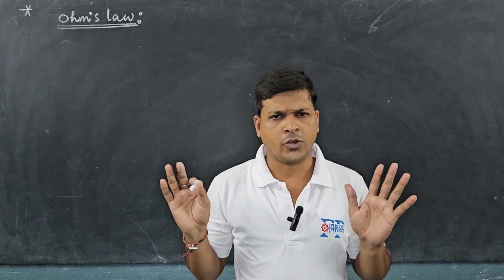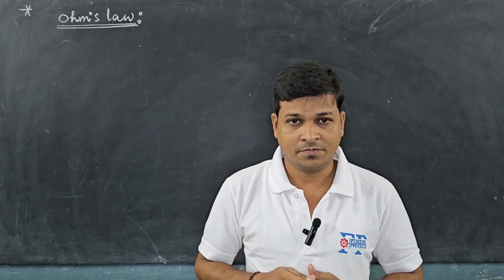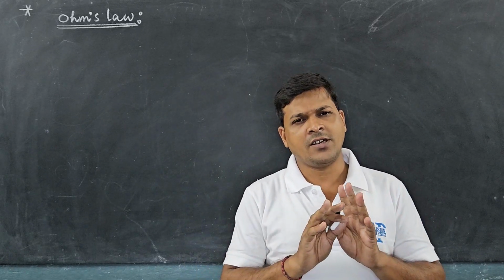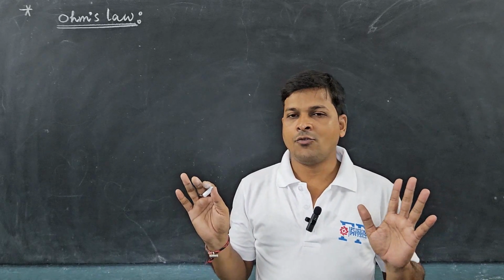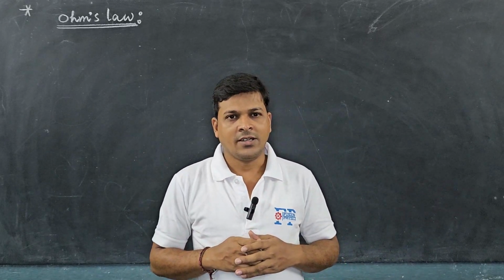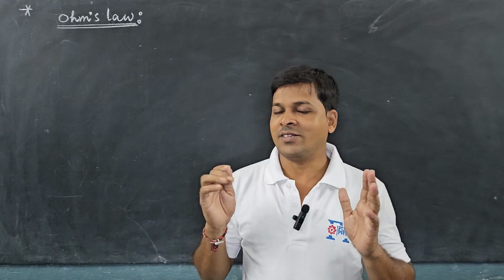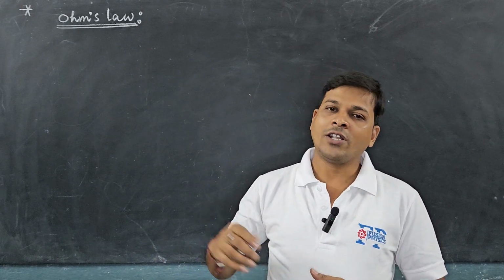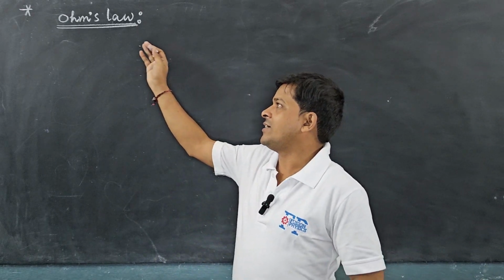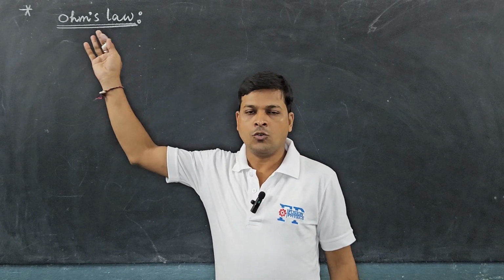These are very important for the board exam, and we are going to solve these questions like the previous days. So now we are going to start today's discussion about Ohm's law.